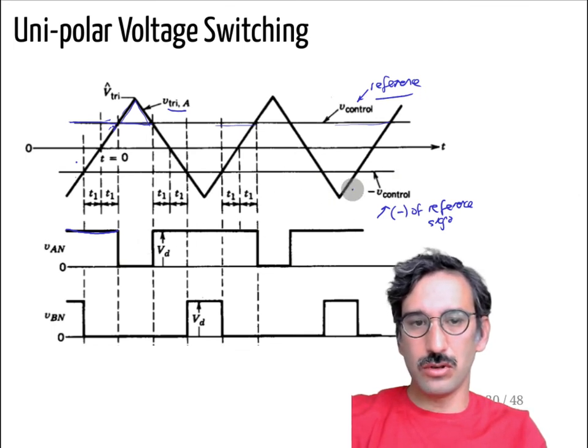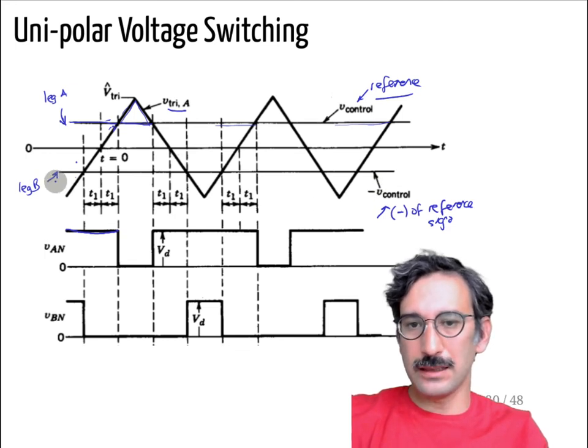Then you control leg B. Okay, this controls leg B, this controls leg A. So you control leg B using the negative complementary of your control signal. So if this is 7.2 volts, this is minus 7.2 volts. Okay. Then you have a look at that value. Then it is the same thing.